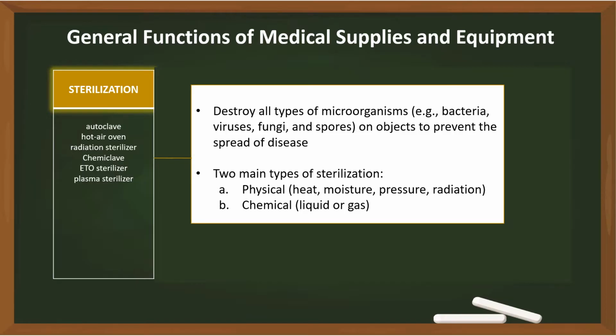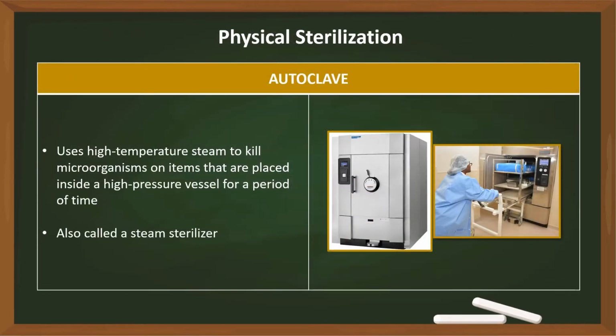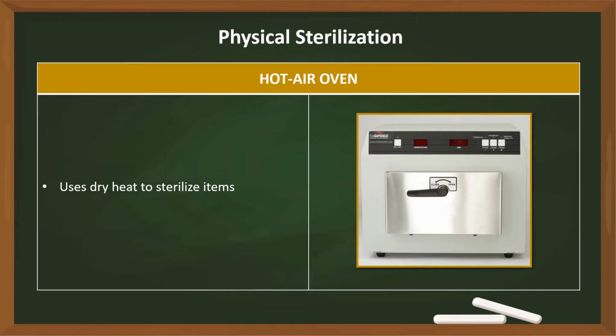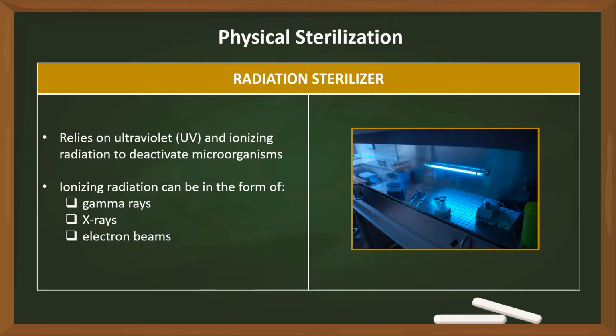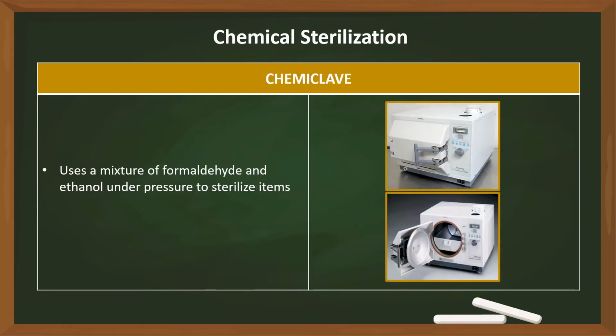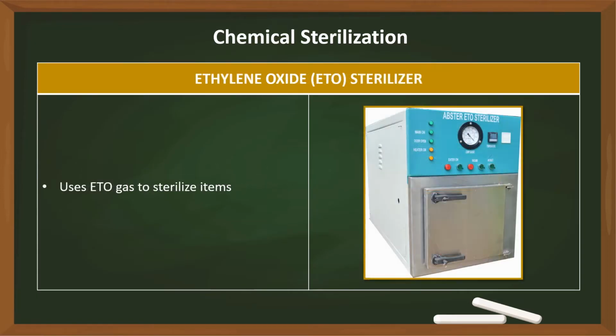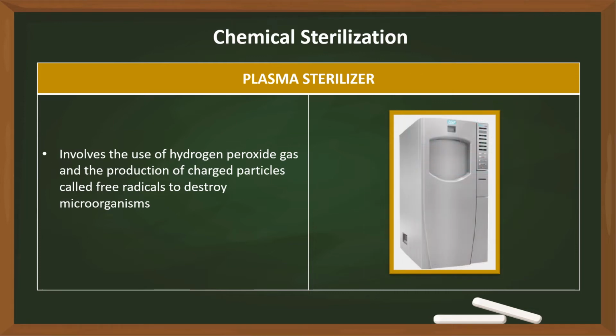These machines include autoclave, hot air oven, radiation sterilizer, chemiclave, ethylene oxide, or ETO sterilizer, plasma sterilizer.